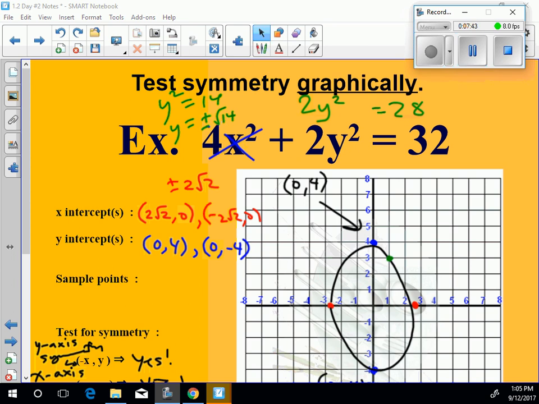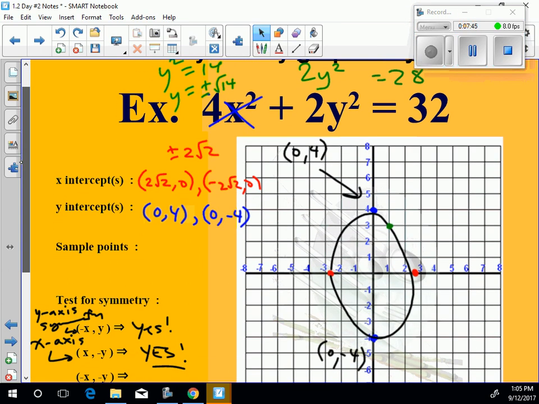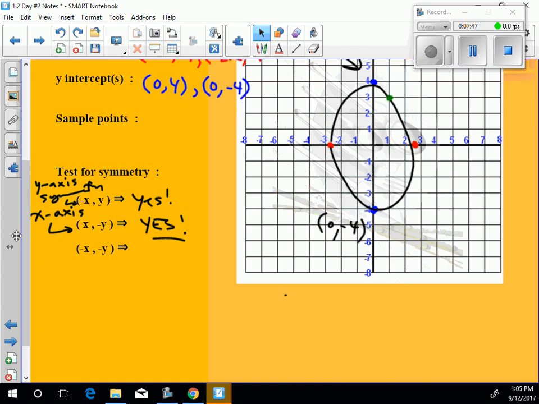Okay. So when x equals 1, I get root 14. When x equals 1, I also get negative root 14.